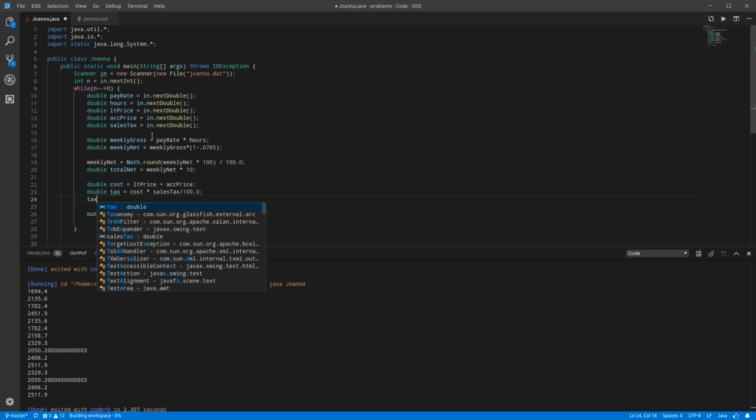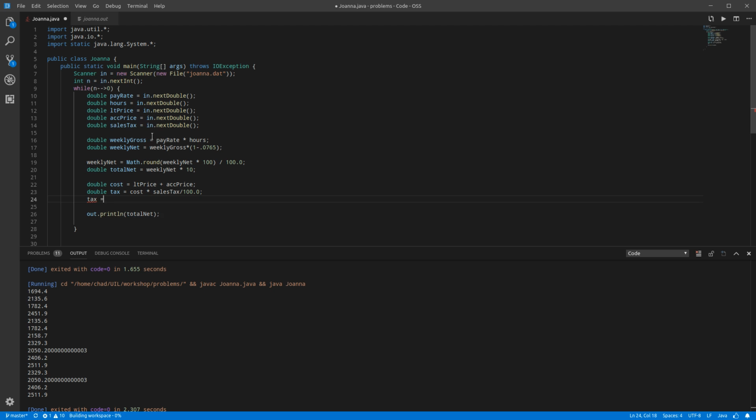But again, I want that rounded to the penny, so I'm going to say tax equals math.round tax times 100 divided by 100.0. Right, and then cost plus equals tax. I think that should do what we want.